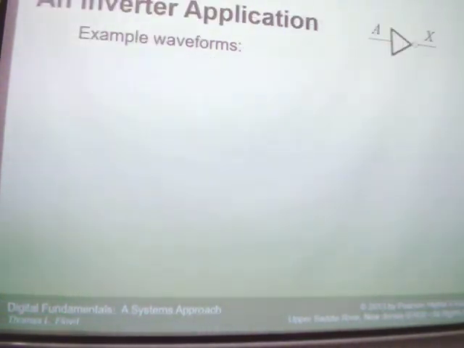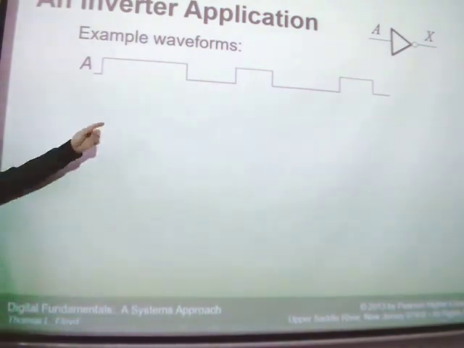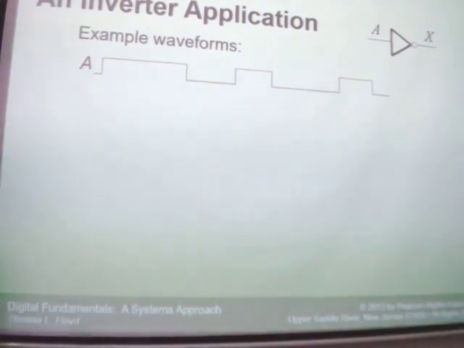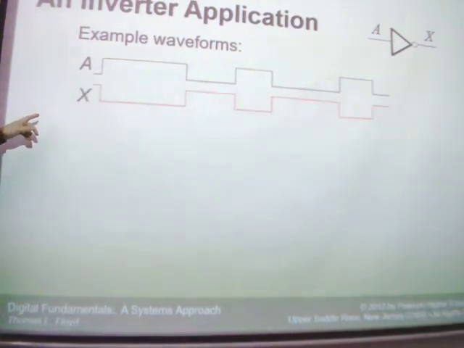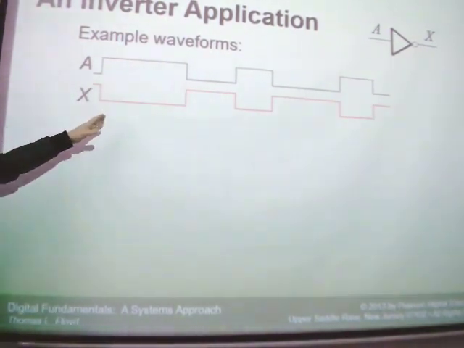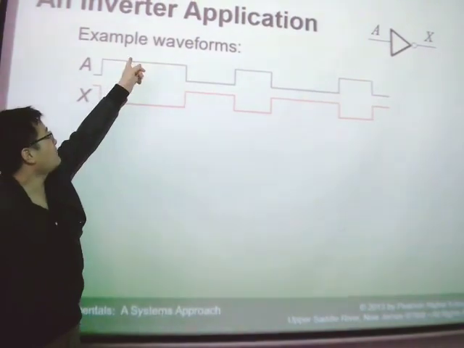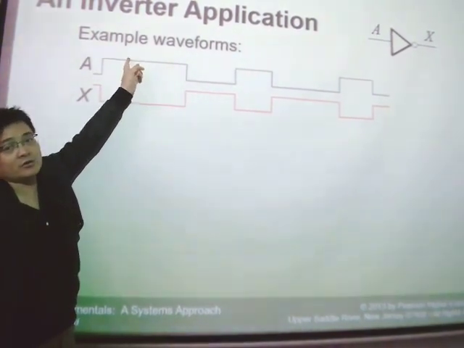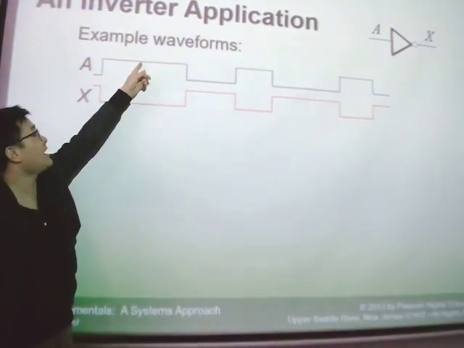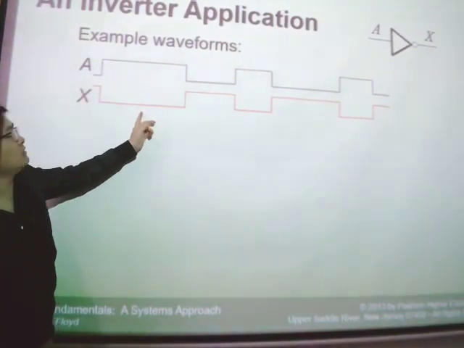On inverter application, this is the example waveform. If the waveform of A is like this, then the output X is like this. If the value of A is high, then the value of X is low.